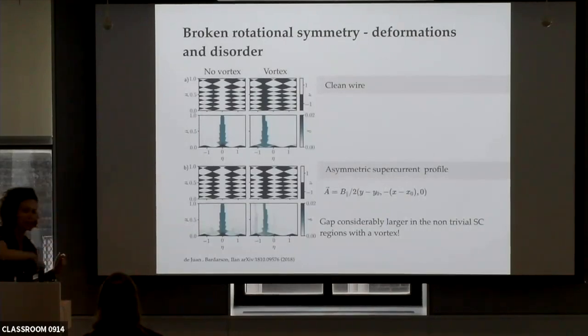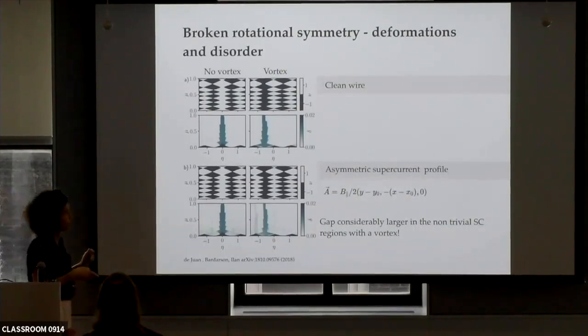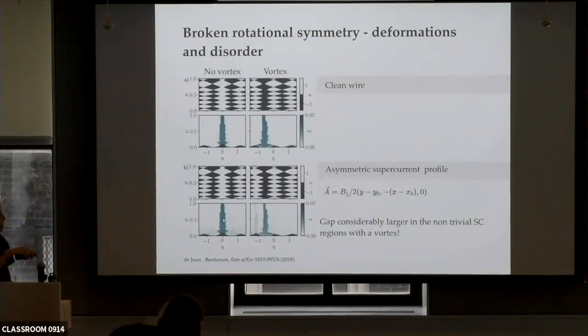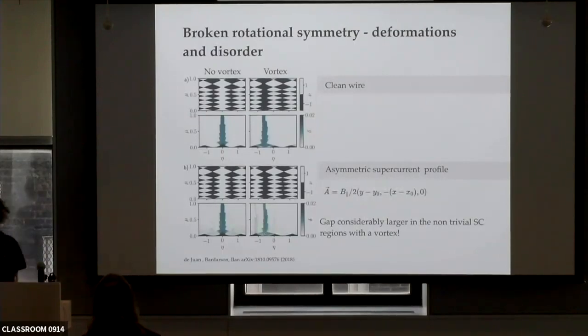That would generate asymmetric supercurrent profiles in the system and break the rotational symmetry. So you want to look at this. This is in the absence of a vortex, and in the presence of asymmetry, you get a large trivial gap and very, very small non-trivial gaps. However, if you phase wind, then you can get a significant gap shifted to the non-trivial regime.